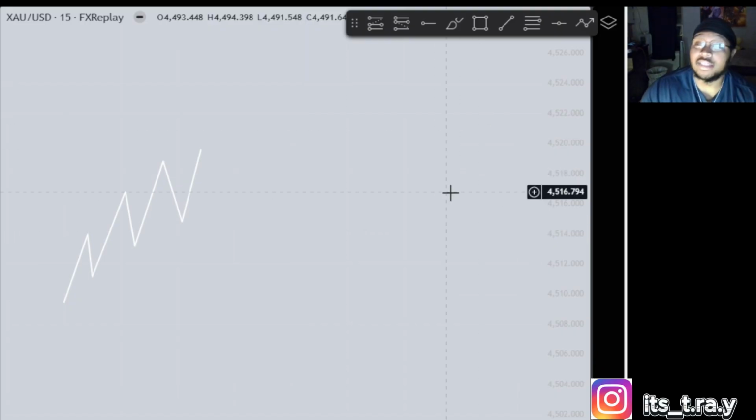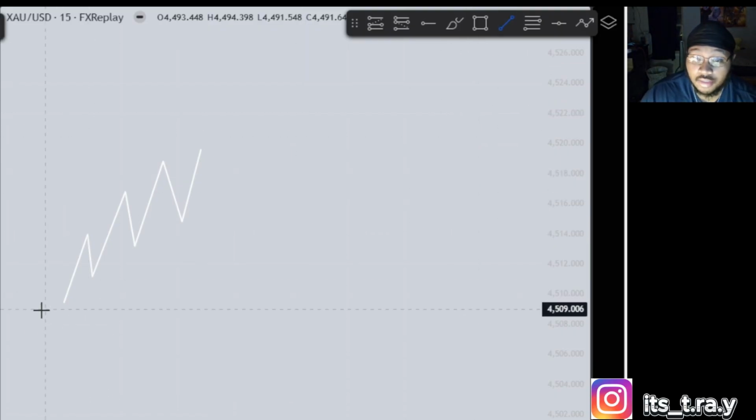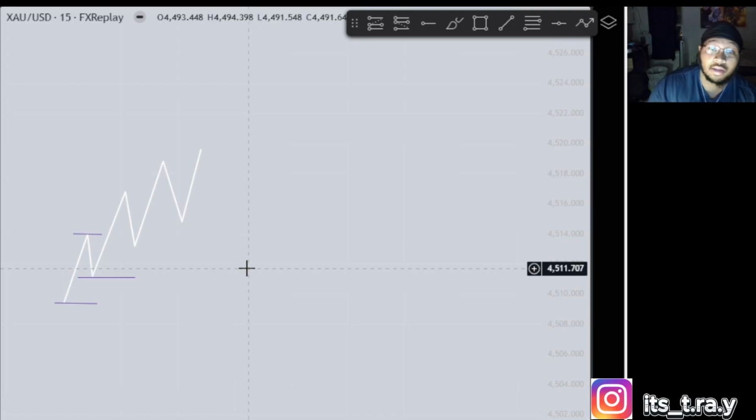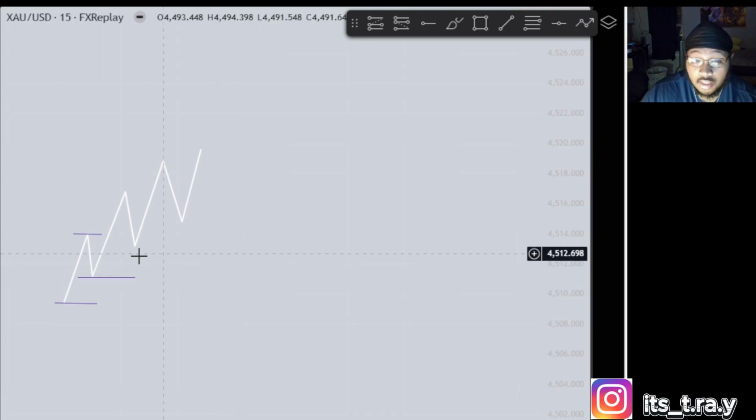So in this case, as y'all would see right here, we have a low, we have a high, and then right here we have what is known as a higher low. Now, it is called a higher low because this low is higher than the previous low.